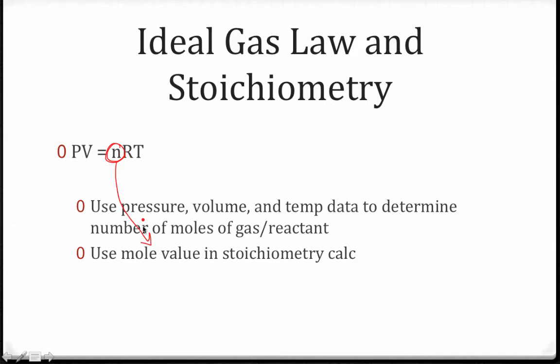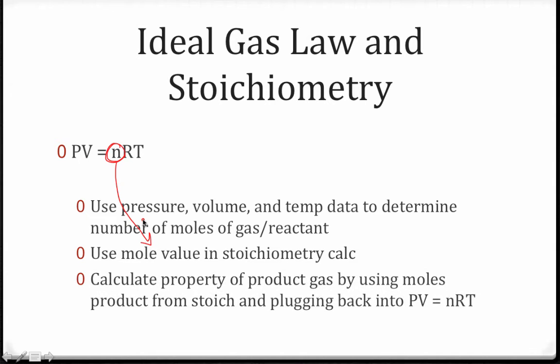We're going to plug that into our stoichiometry. And then finally, we're going to be able to calculate the property of the product using the moles from stoichiometry and plugging all of that back into PV equals nRT. So if we're interested in the volume of our product, the pressure of our product, the temperature of our product, etc., we get n from stoichiometry, we plug in the rest of our variables, and we can solve.